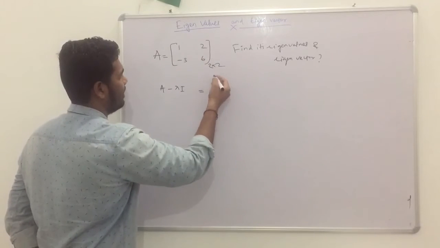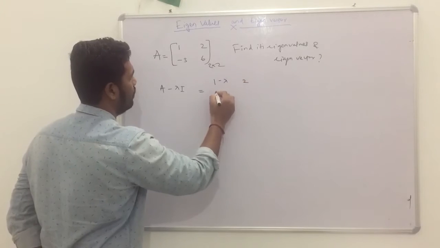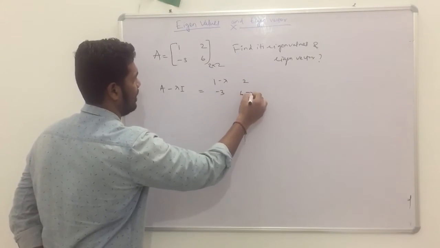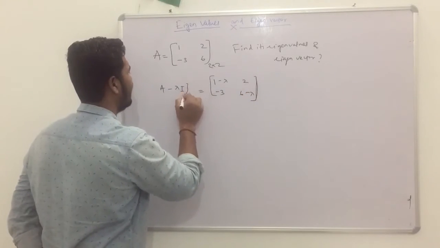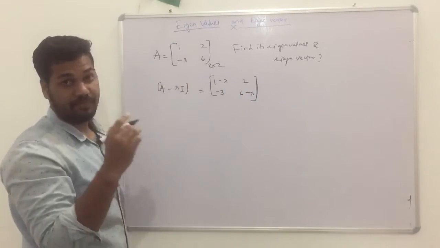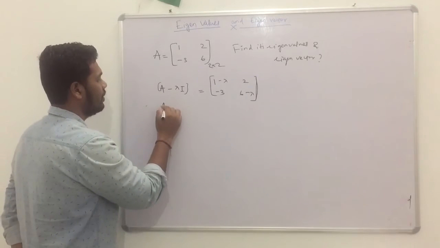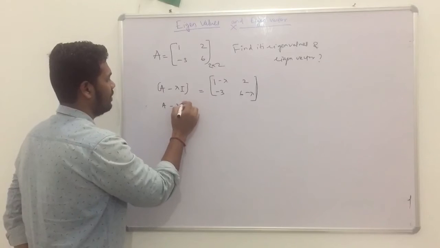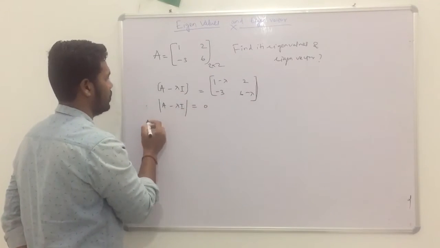So you will get the A minus lambda I matrix as [1 minus lambda, 2; -3, 6 minus lambda]. For finding the eigenvalues lambda, you have to take the determinant of A minus lambda I and equate it to 0.